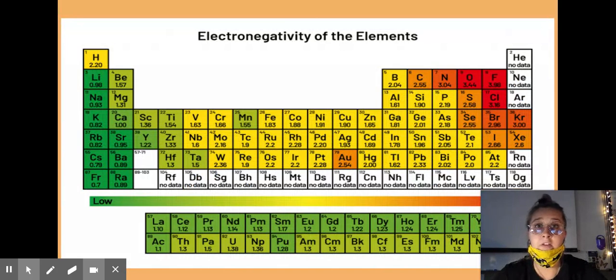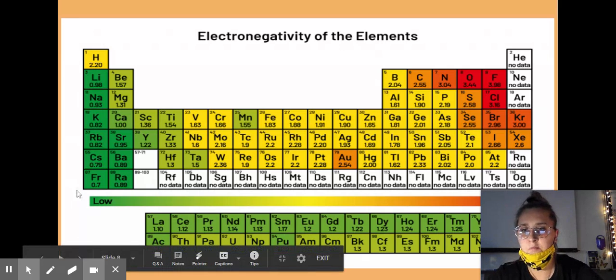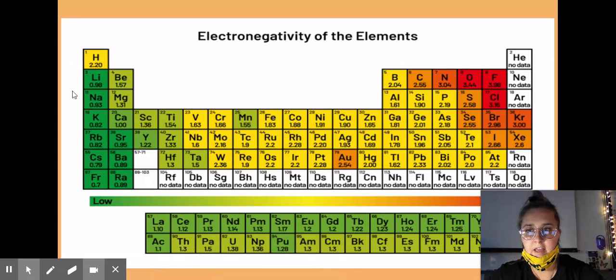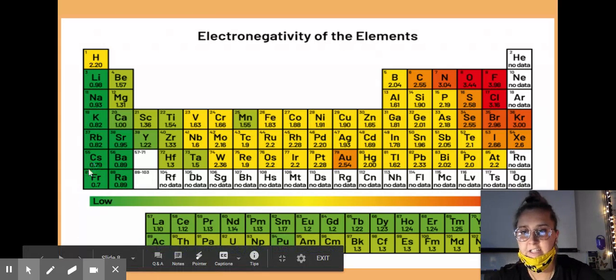So, if you guys remember, this is our periodic table, and it's displaying the electronegativity of the atoms themselves. If we can see, as we move from the bottom up of the periodic table and from left to right, that electronegativity value is increasing. So our lowest electronegativity value is over here with francium in the bottom left corner of the periodic table.